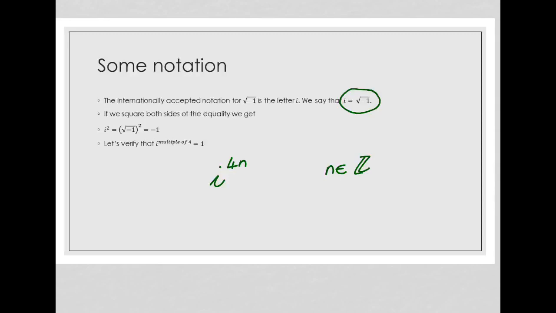Because now I can rewrite i to the 4n as (i squared) to the power of 2n, right? Now I've seen from my definition that i squared is equal to -1. And again, I can break up the 2n into (-1 squared) to the power of n. And (-1) squared is 1. So it becomes 1 to the power of n, which we know is 1.